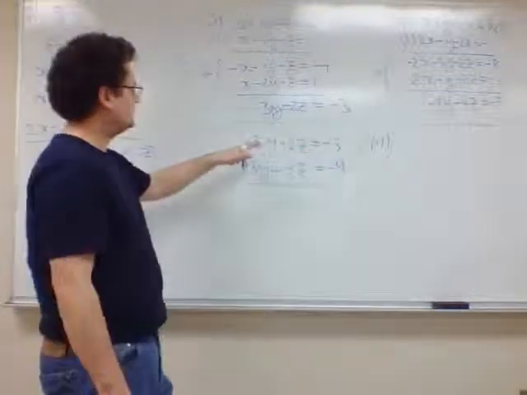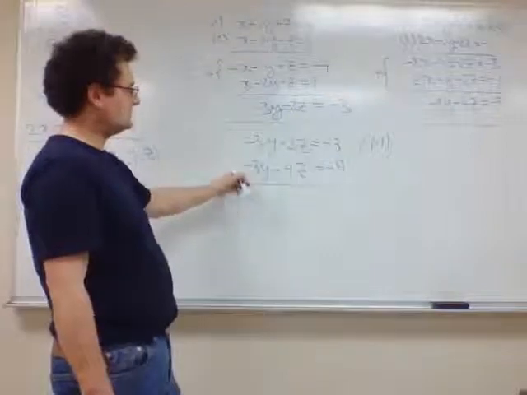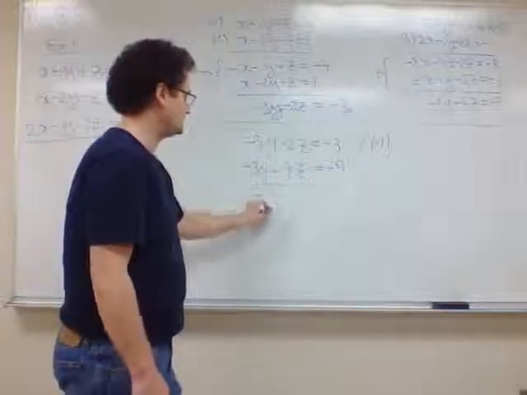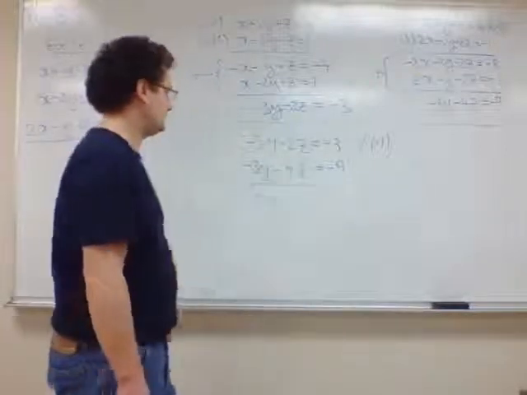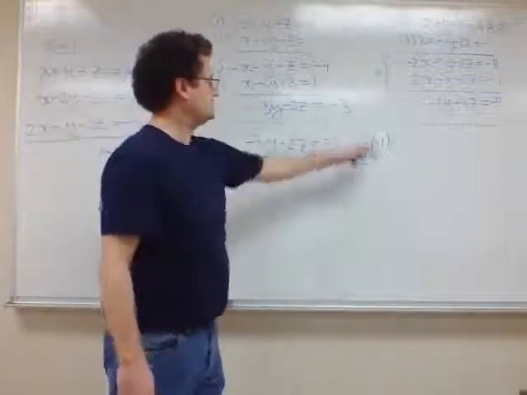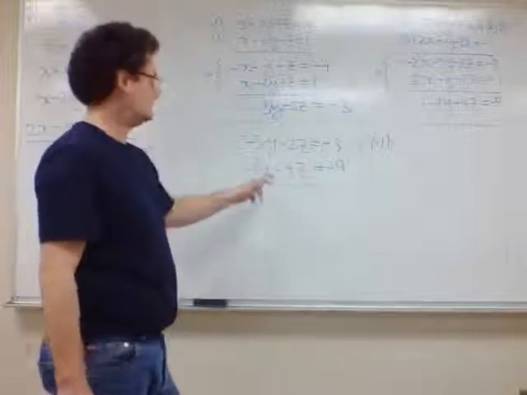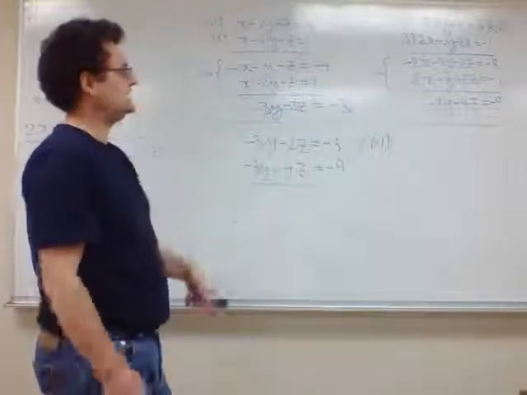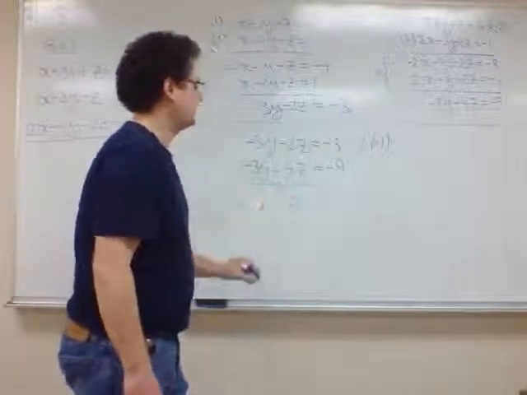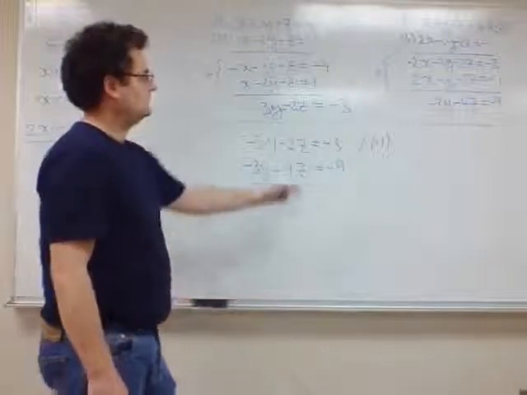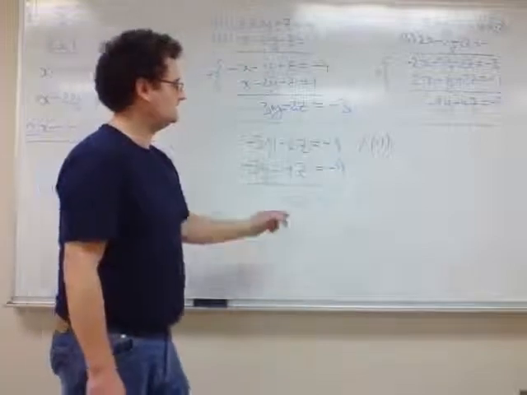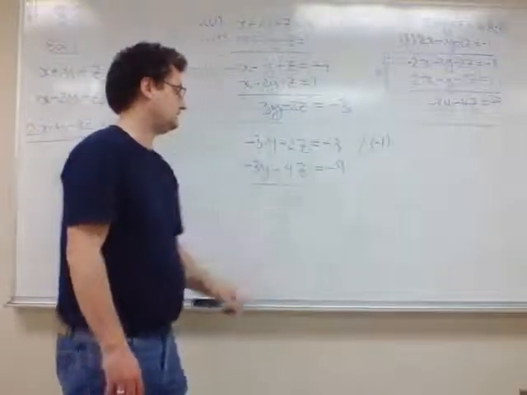So minus 1 times minus 3y, that's 3y, and minus 3y, that's 0y. Actually, that's why we multiplied the first equation by negative 1. And we have minus 2z times minus 1, so that's 2z, plus minus 4z. So we have 2z minus 4z, that's negative 2z, equals negative 3 times negative 1, that's 3, and minus 9. That's negative 6. Okay.